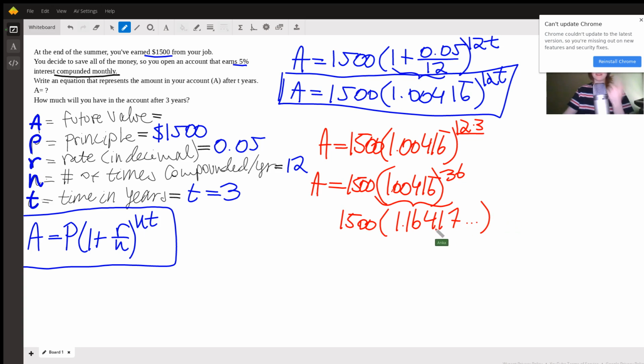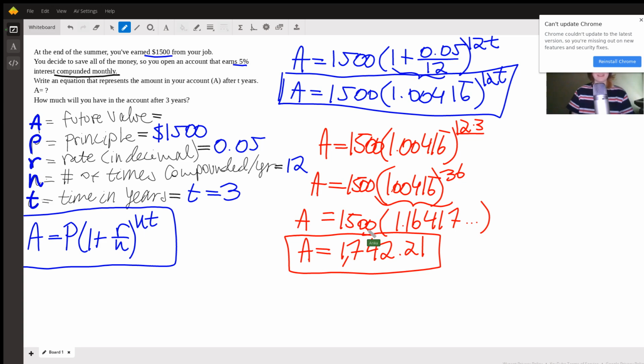And then finally, we can take this value from our calculator and multiply it by 1,500. And we should get that our future value after 3 years is $1,742.21. It was originally 0.208, but I rounded up because 21 cents is easier to say than 20.8 cents. So in the end, you get that as your answer.